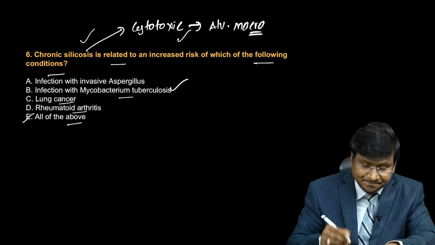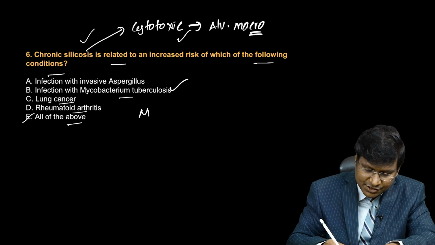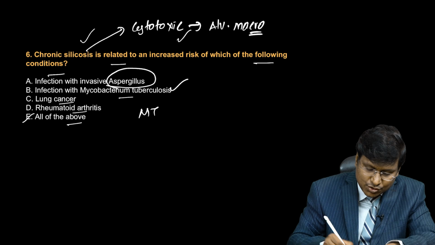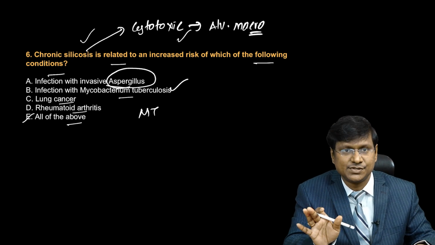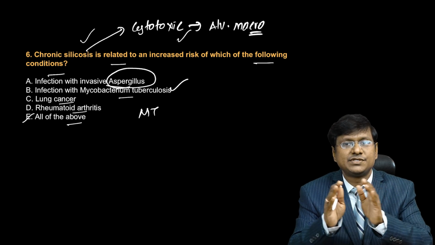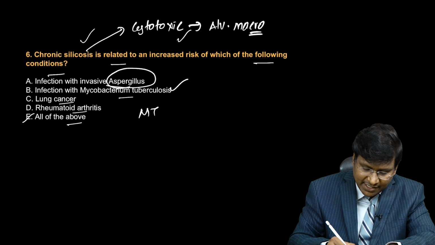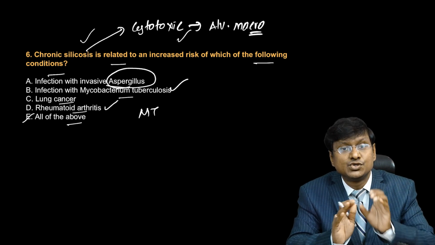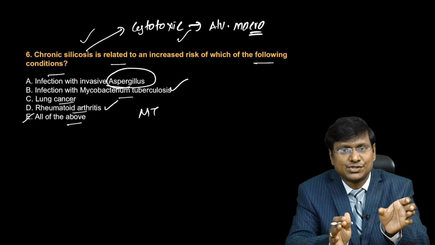These individuals are also at increased risk of infections with atypical mycobacteria, and of infections with the fungus Aspergillus. In addition, silicosis is associated with the development of connective tissue disorders. What are these connective tissue disorders? That is rheumatoid arthritis, with rheumatoid nodules.